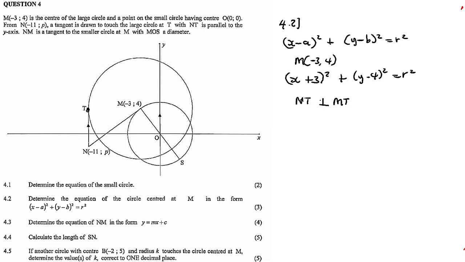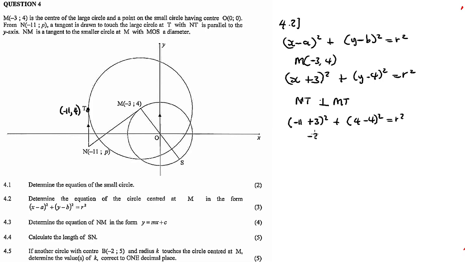So it means that the coordinates of T have an x coordinate the same as N, which is minus 11. The y coordinate is the same as 4, which is the y coordinate of the center of the big circle. So I substitute the coordinates of T in order to find r: (minus 11 plus 3) squared plus (4 minus 4) squared equals r squared.